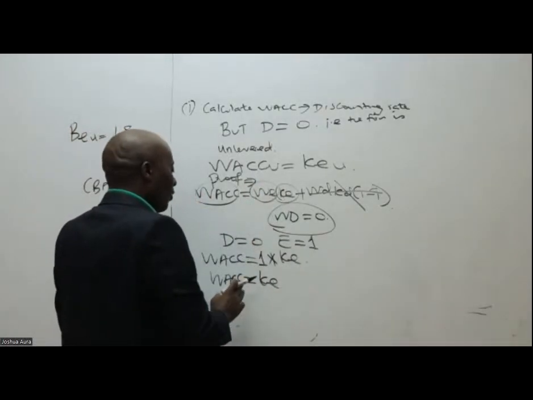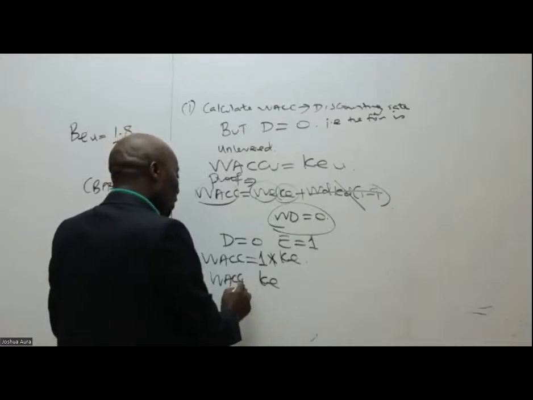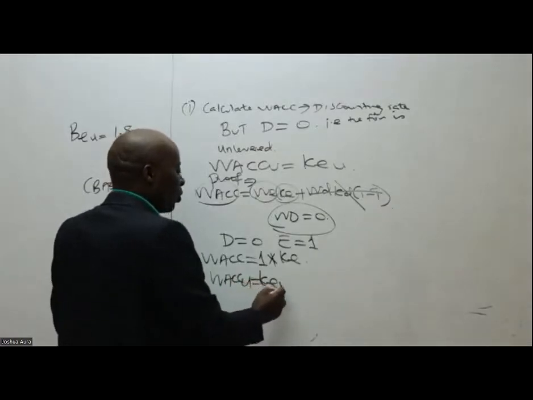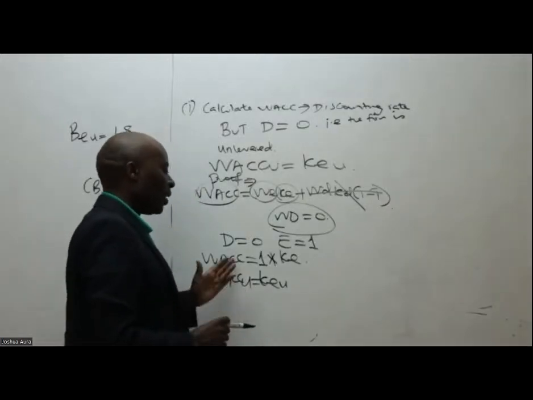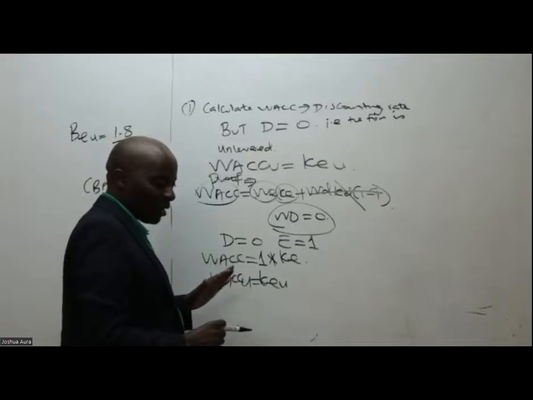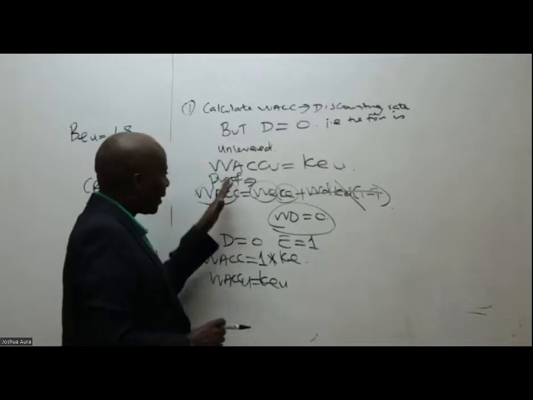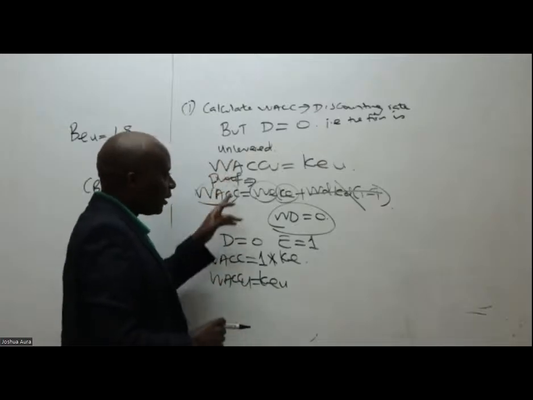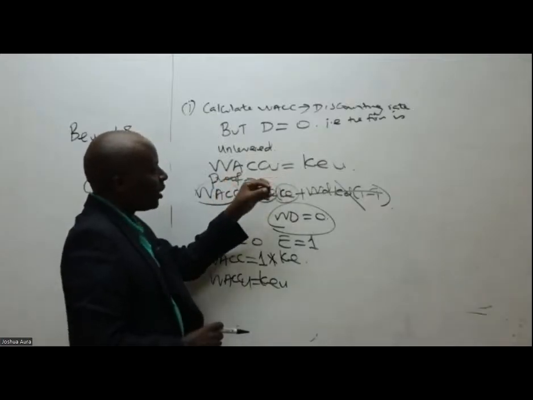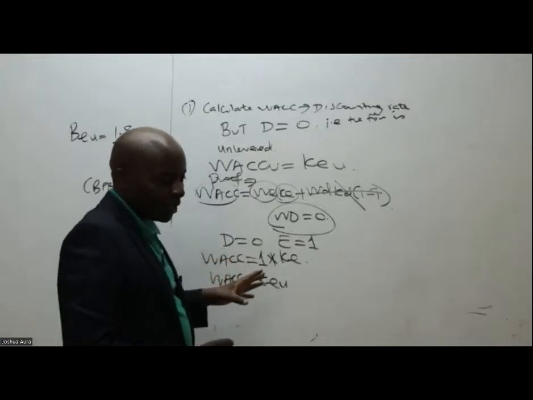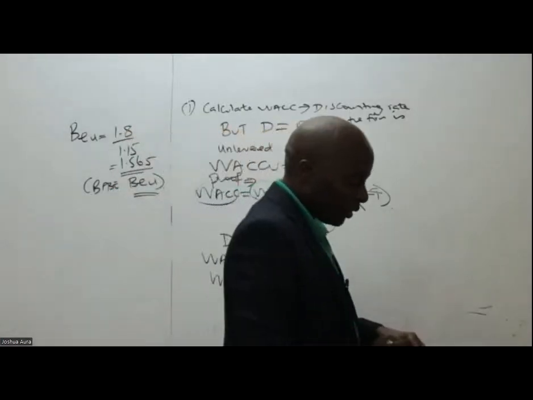WACC U will always be equal to Ke U, where this U stands for unlevered firm: WACC of unlevered firm equals cost of equity of unlevered firm. Once you appreciate this, you've already been able to crack the nut.